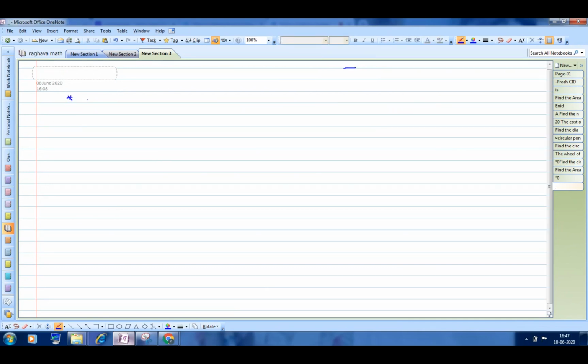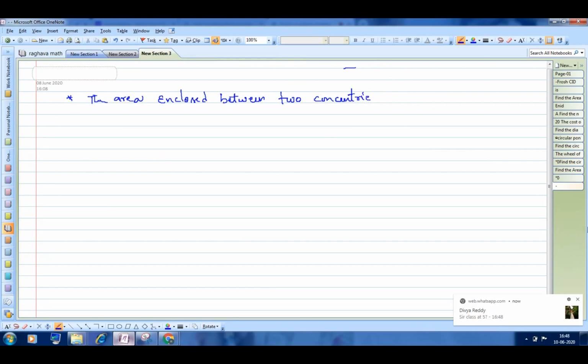The area enclosed between two concentric circles is 346.5 centimeter square.